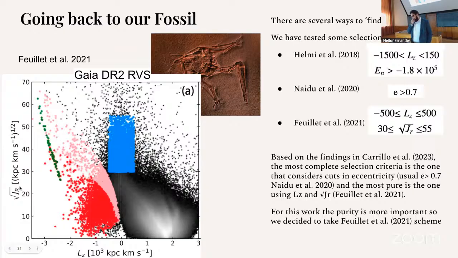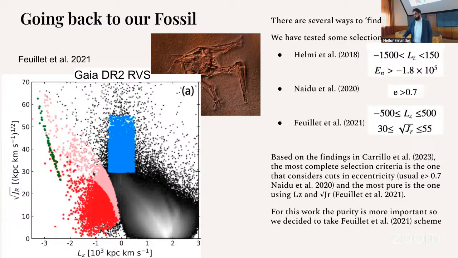To decide that, we used another work that did simulations with Auriga and applied those selections. So they know this, they have a flag for the different populations, like the Milky Way they have there, and the accreted body. Then they apply the selection and check for completeness and purity. For example, they found that a selection that is just in eccentricity is the most complete one, as you can assume.